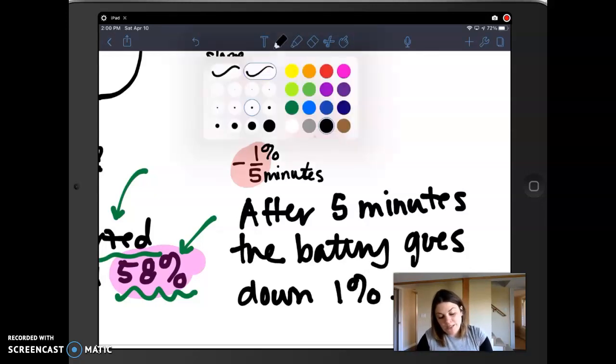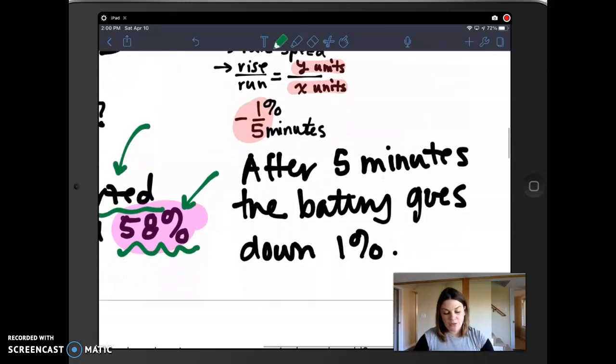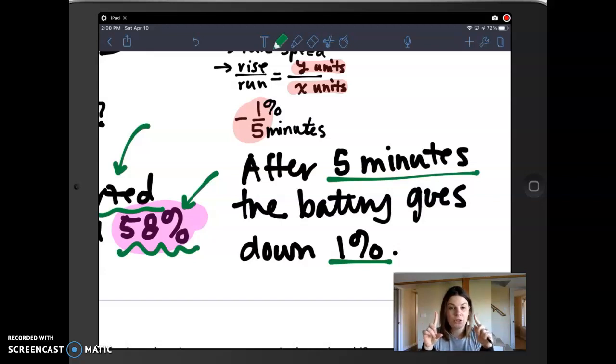Let me show you the things that you need to have in your explanation in order to get this question right. You need to have the understanding that you have 5 attached to the unit of minutes. You need to have the number 1 attached to the unit of percents. And you need to understand that it's a rate. So it's after 5 minutes, the battery goes down by 1%.